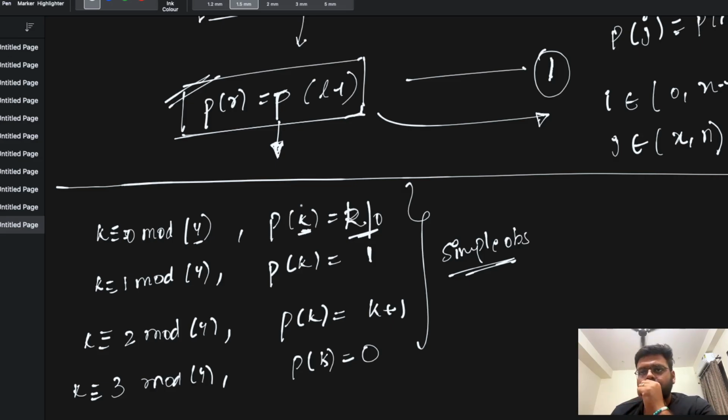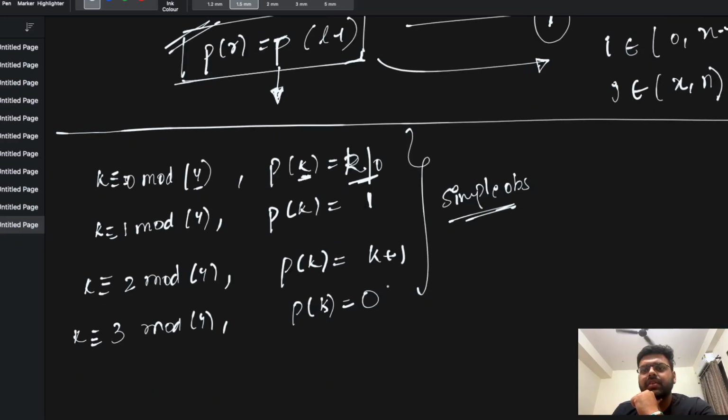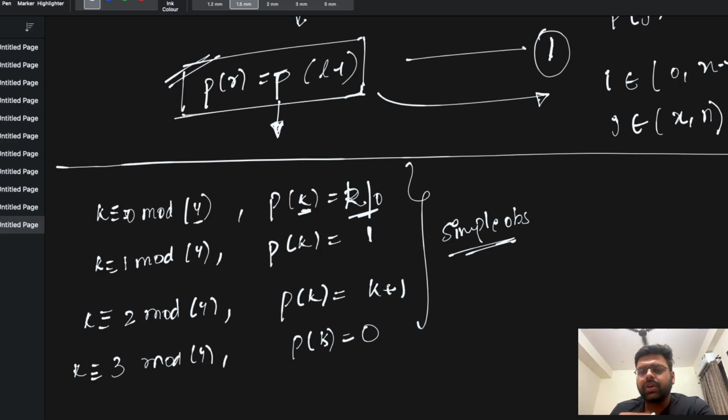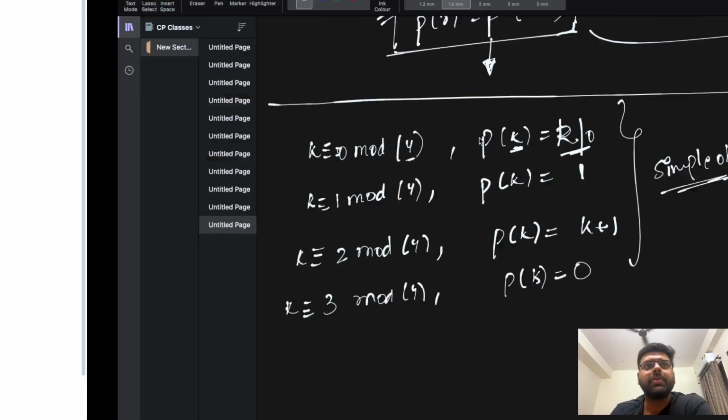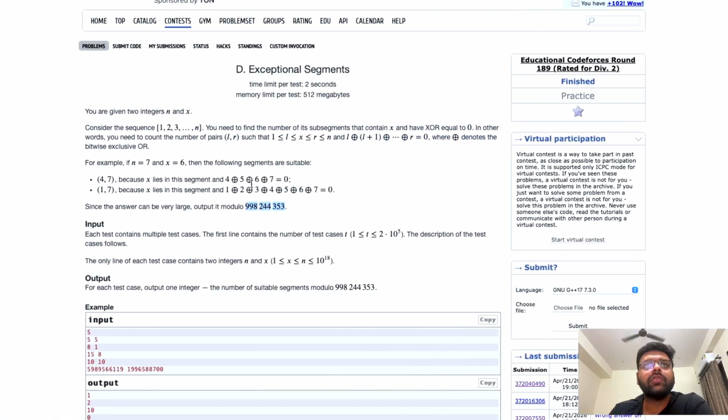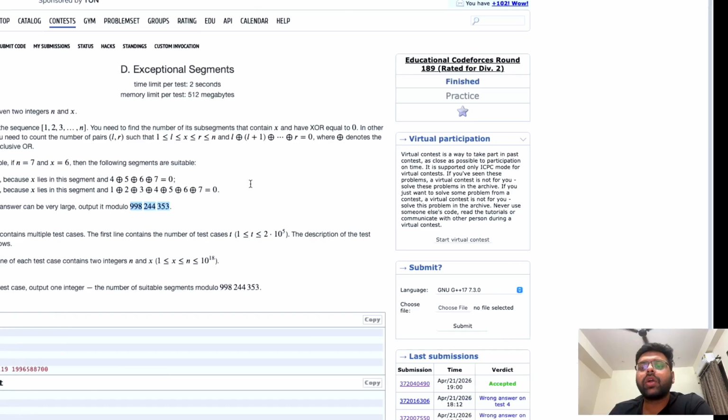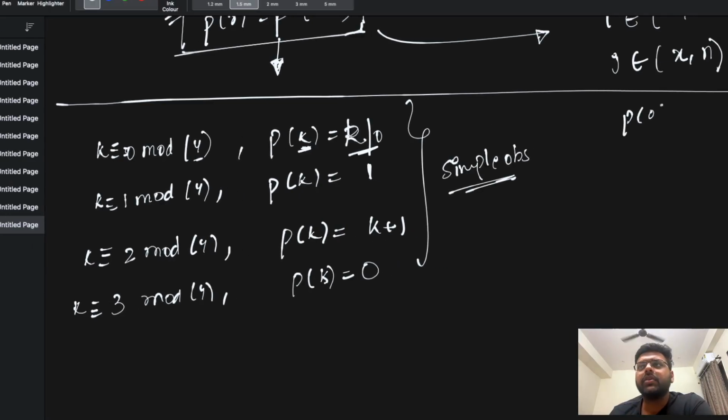Let's see whether this pattern is working or not. If we take a particular example in the test case, p of 0 is 0 and p of 1 is 1, and so on and so forth. So this would simply be p of k equal to k.